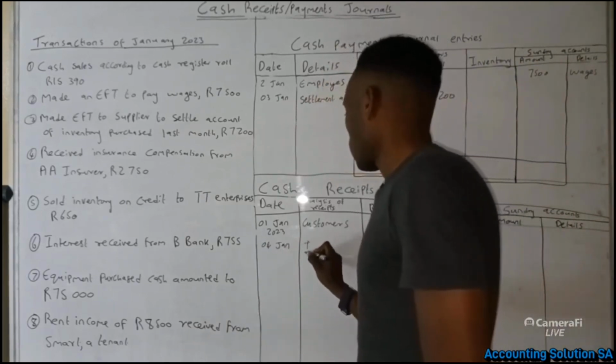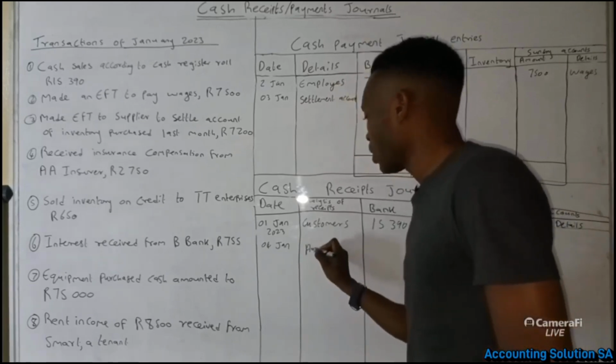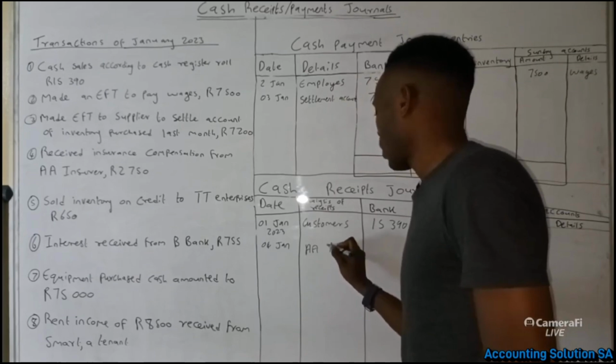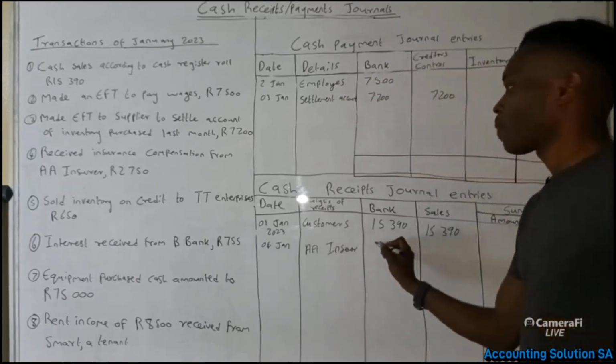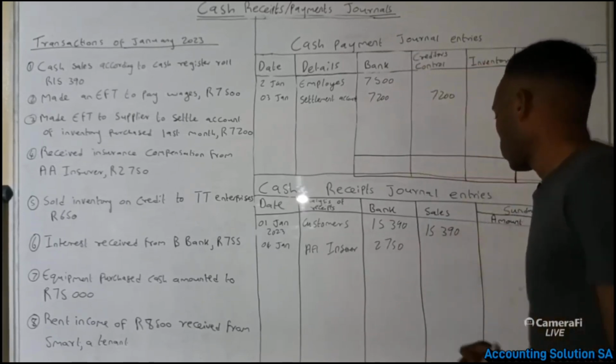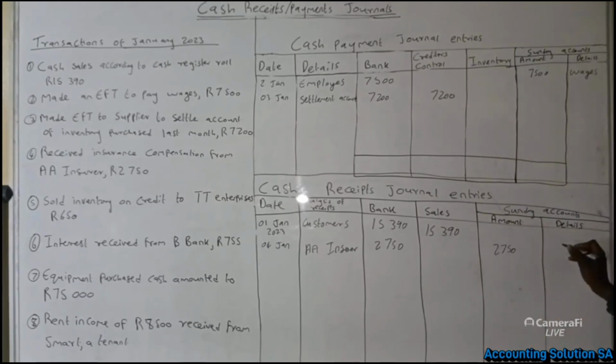We receive insurance compensation from, okay, we have the name of the company, which means that we're going to say AA Insurer, and the amount is 2,750, which means that we're going to go to sundry account and say 2,750, and we record the amount of insurance expense. Simple as that. Okay, which means that now we can go to the next transaction.